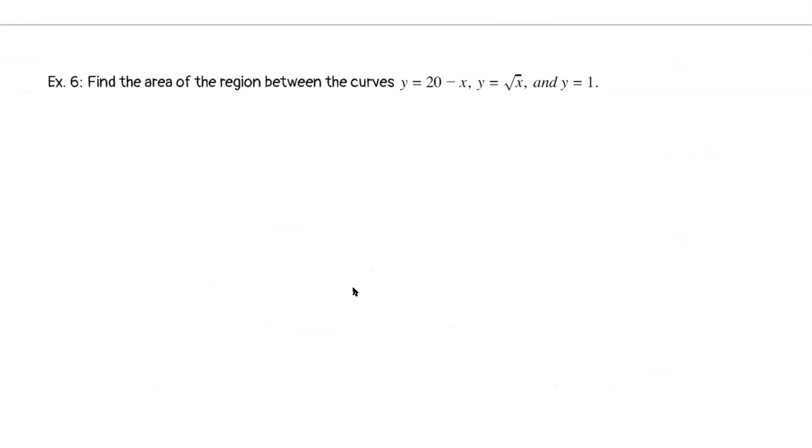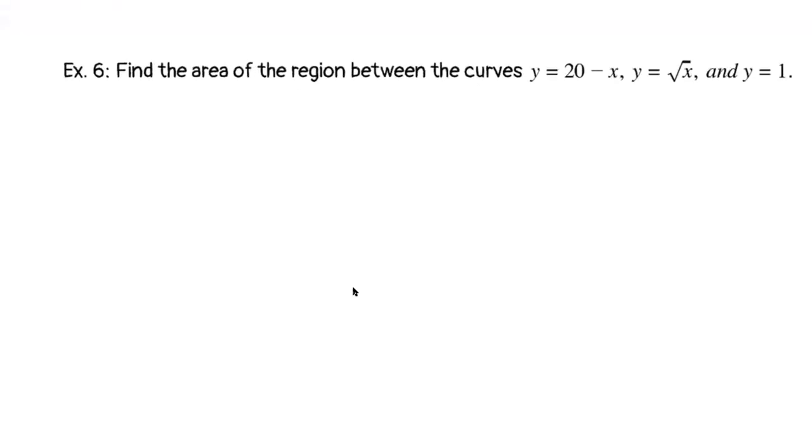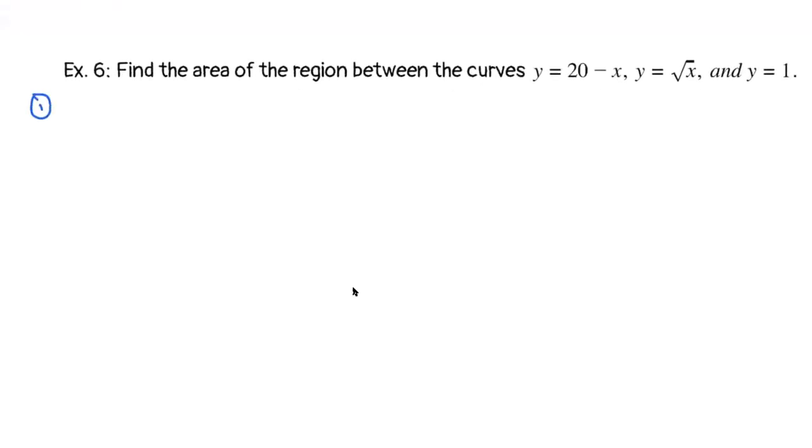Find the area of the region between these curves: y equals 20 minus x, y equals square root of x, and y equals 1. And so we're going to start with a diagram. We're going to find some intersection points, and then we'll see where that takes us. Diagram.